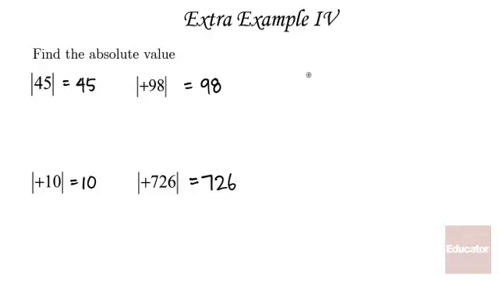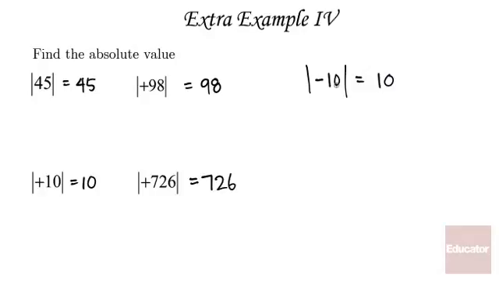Now, if I have the absolute value of negative 10, on the number line, negative 10 is to the left of 0. It's on the negative side. But if I'm asking you how far away negative 10 is from 0, then it's just 10, right? Because it's 10 spaces away from 0.